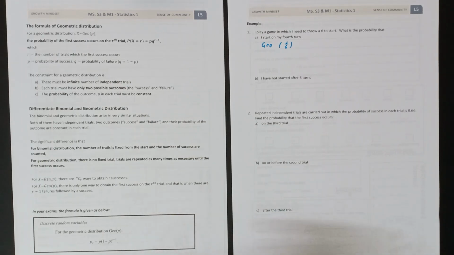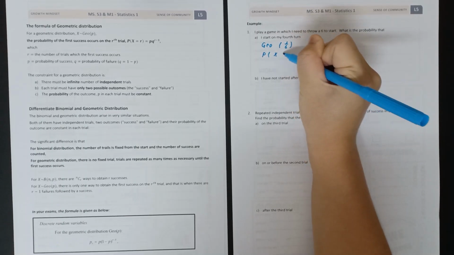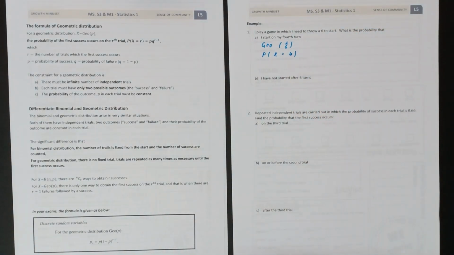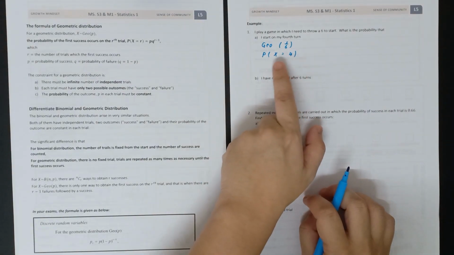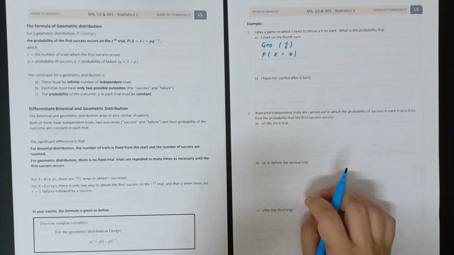If I put this in another way, it is the probability that I get my first success on my fourth turn, meaning probability X equals 4. In geometric distribution, how do we interpret it? It is that I get my first success at the fourth trial.